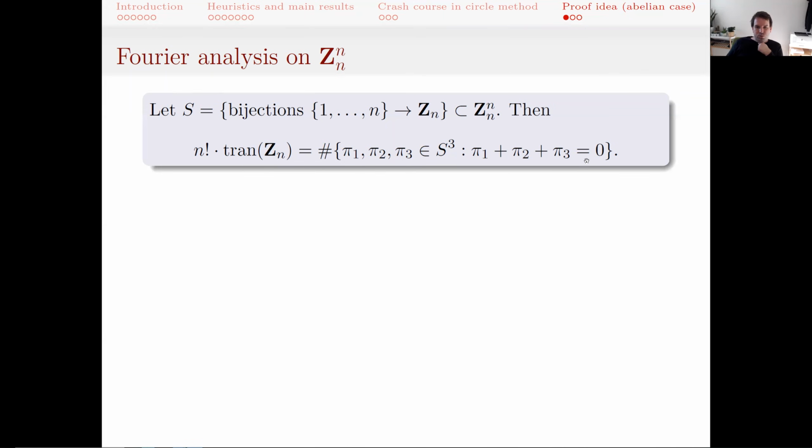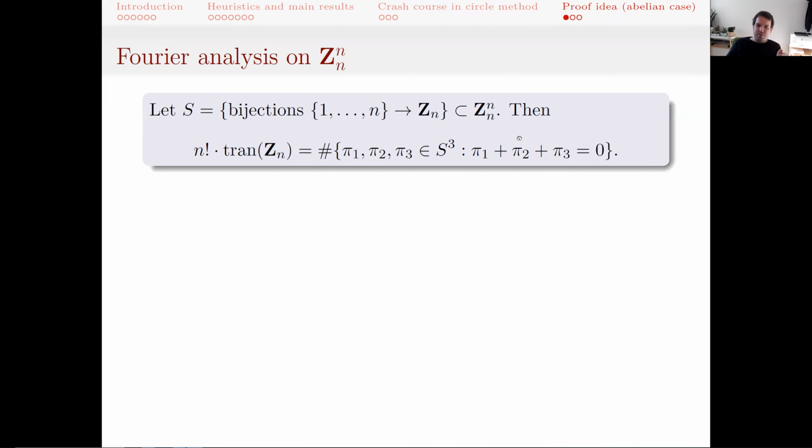So why is this true? Well, if we didn't have this n factorial, the number of transversals, we can say that this is just equal to the count of only pi 2 and pi 3 projections, such that identity plus pi 2 plus pi 3 is equal to 0. So why is that? Well, we are interested in the number of pi 2 and pi 3 such that identity plus pi 2 equals pi 3.